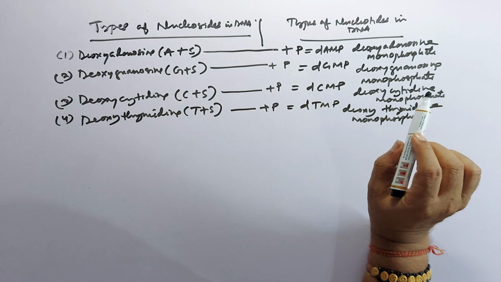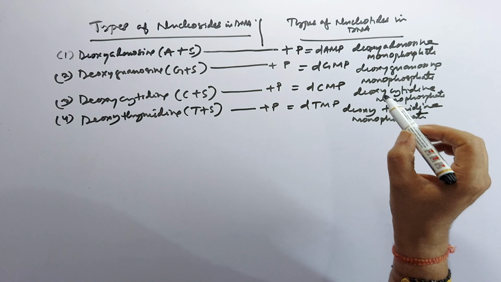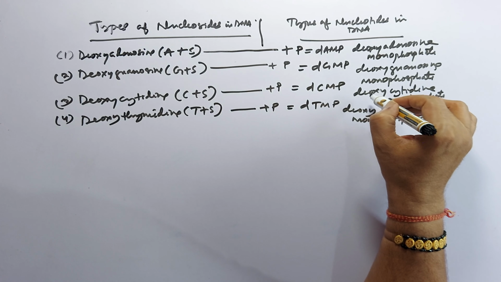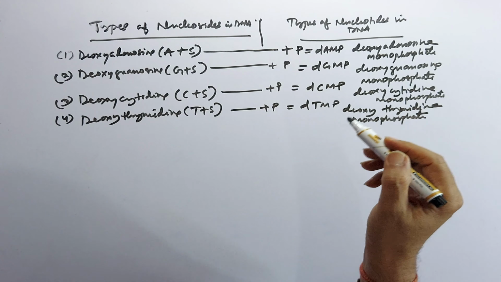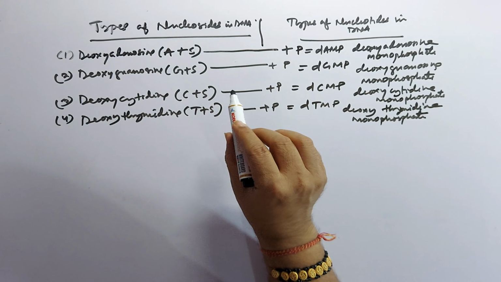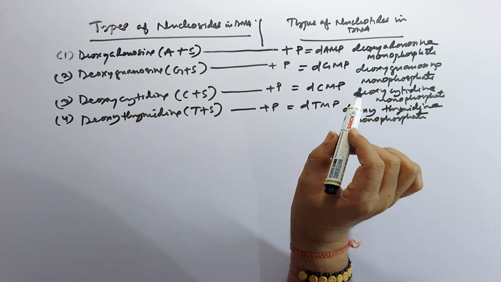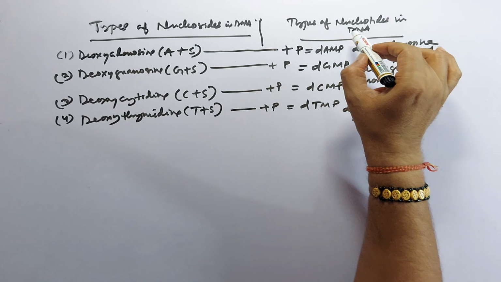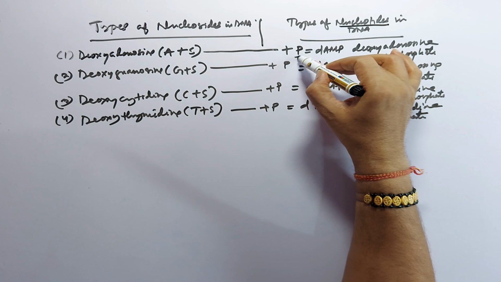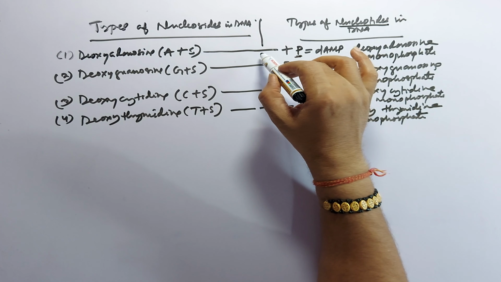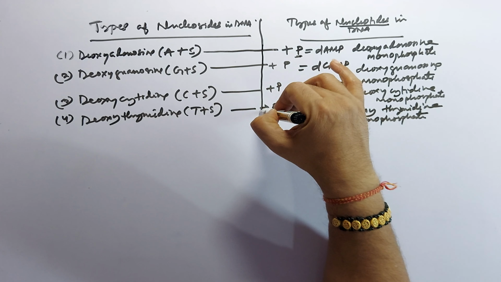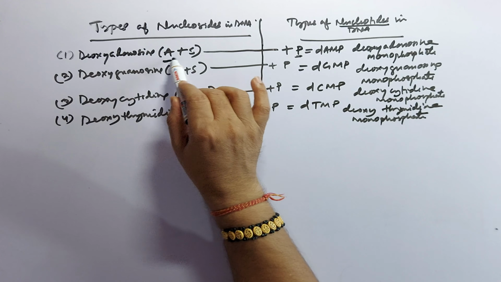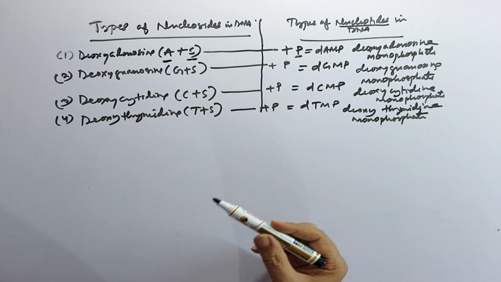We can also write deoxyadenylic acid, deoxyguanylic acid, deoxycytidylic acid, deoxythymidylic acid. So these are the types of nucleosides in DNA and types of nucleotides in DNA. Nucleotides means the phosphate is added; if you minus the phosphate, then it is a nucleoside. It only contains the nitrogenous base and the pentose sugar.